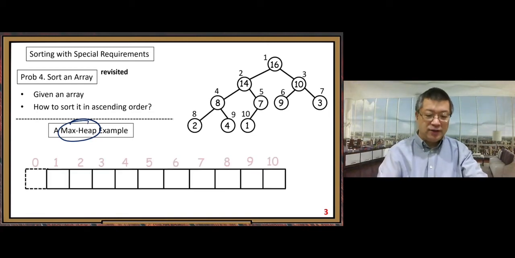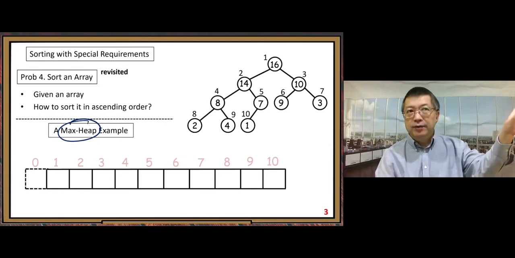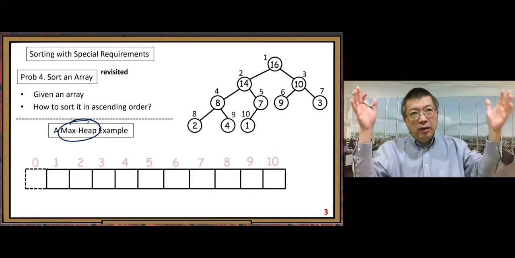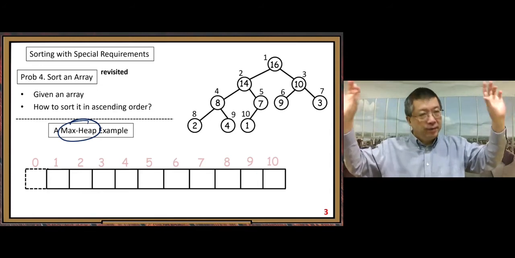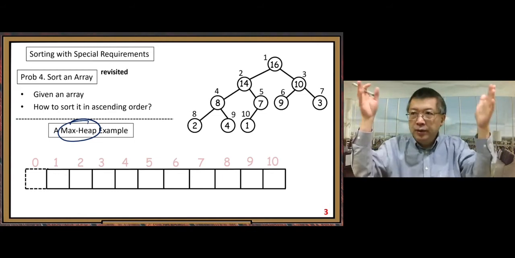This is the array. Index 0 we leave out, nothing there. Then we need 10 positions with index from 1 through 10.